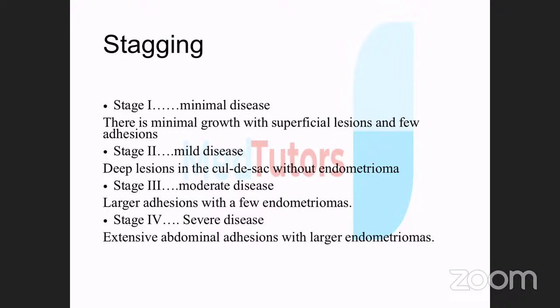While stage 4 is severe disease in which there are extensive adhesions. Sometimes you only identify a frozen pelvis, so much adhesion that you will not be able to separately isolate ovarian endometrioma. And even when they are present, the ovarian endometriomas are larger. Next slide.